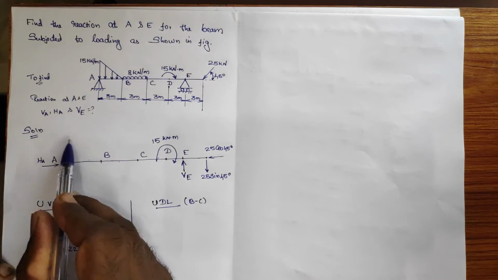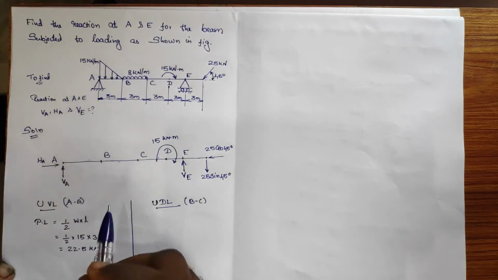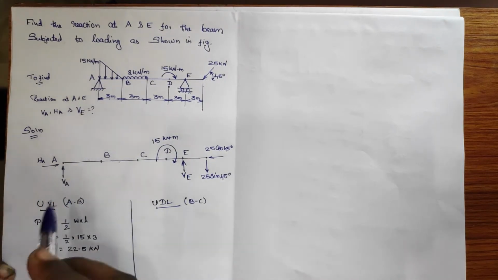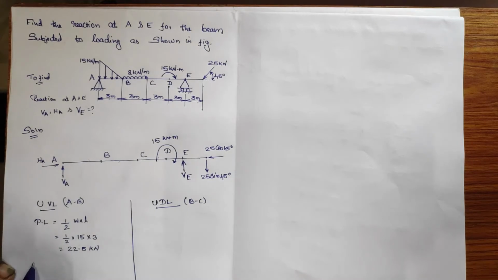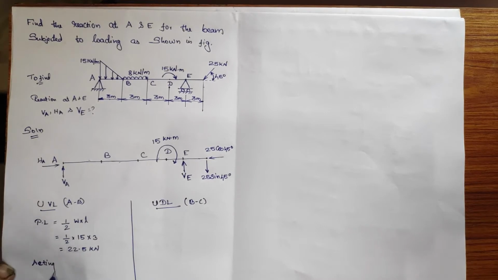Now we know the load magnitude, but where do we need to place that point load? That is the acting point. If it is a triangular load or UVL, the acting point can be identified from the maximum side. The formula is 1 by 3 of its length.